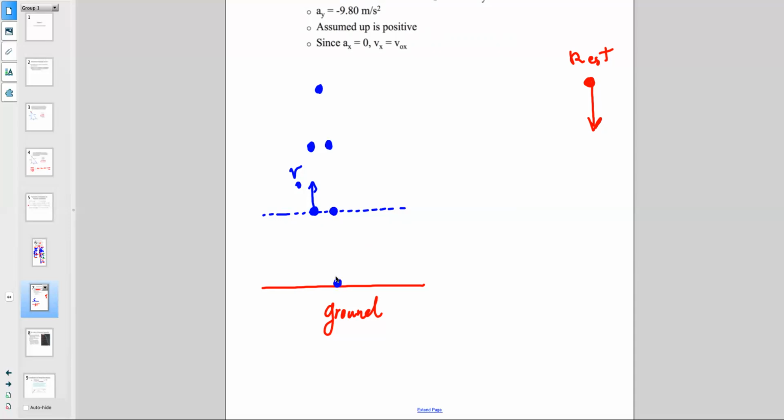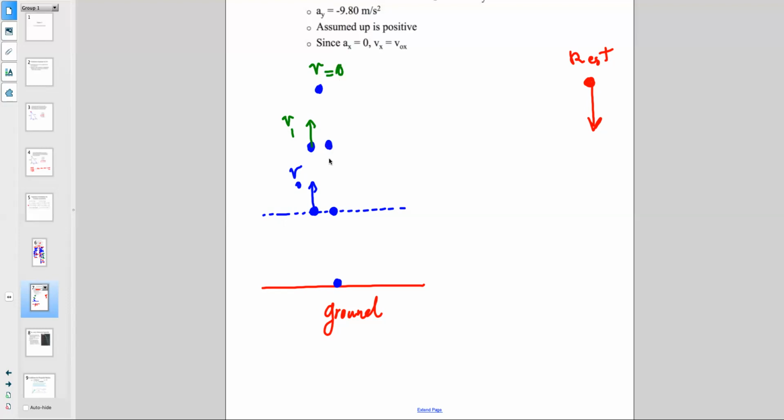Okay, so at this point, the velocity is not v0 anymore. It moves slower, so it is v1. At this point, it will stop. Maximum point. It will go all the way up and it will stop. So the velocity here is 0, whichever way you want to show it.